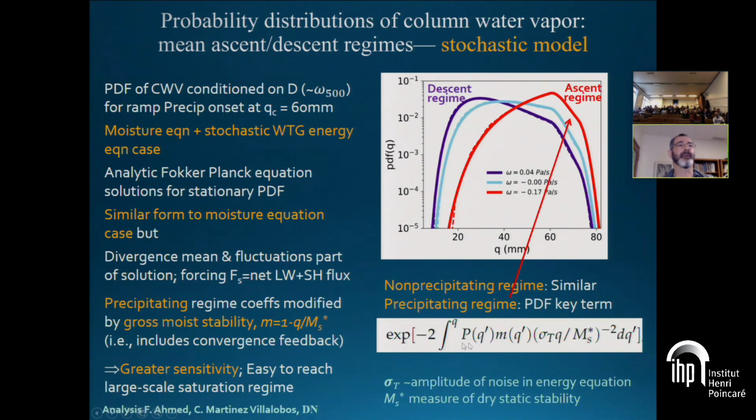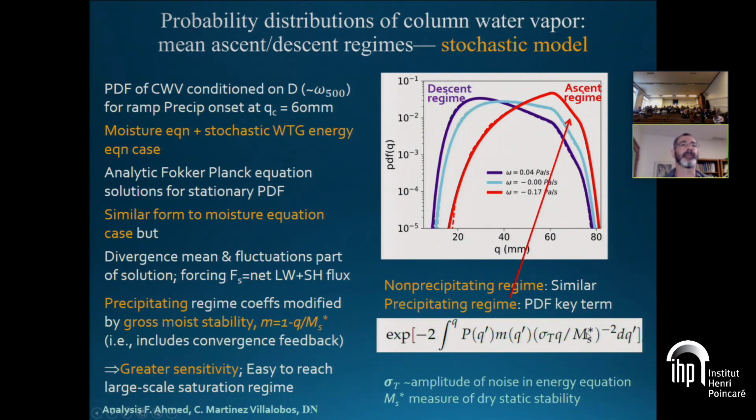A key term involves an integral of the precipitation as a function of moisture, which is the loss term. This gross moist stability, which has a 1 minus moisture relative to some dry stability term here, is reducing the effects of this loss by additional moisture convergence.